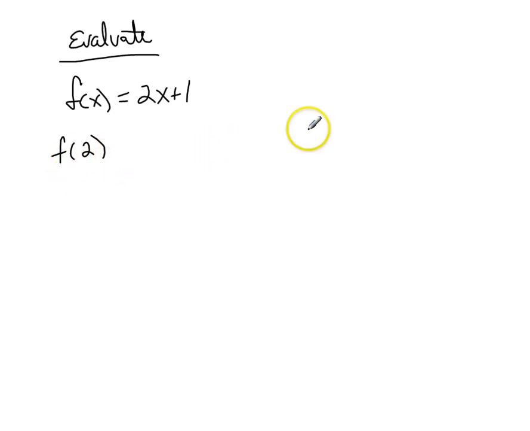Now what this means is, plug in x equals 2. So now you go over to your function, and wherever you see x, you plug in 2. So it'd be 2 times 2 plus 1. And then you do it. If you can do it, do it. 2 times 2 is 4 plus 1 equals 5. So f of 2 is 5.